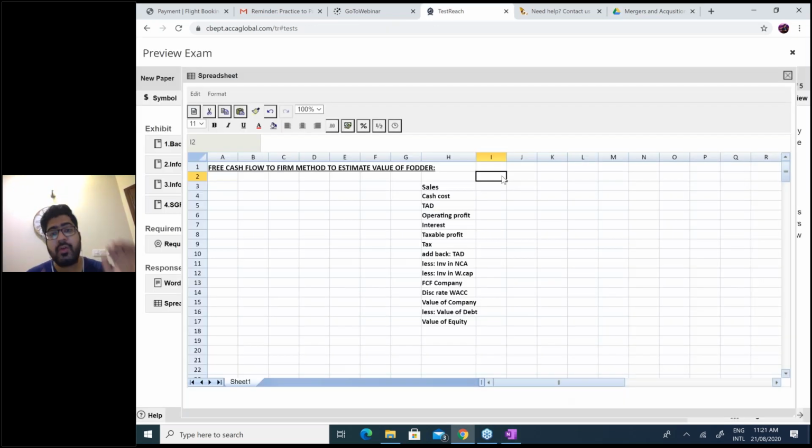You have to take all these values for the future, not for this year, because that's the requirement of free cash flow to company method. So we need to use the cash flows for the future.